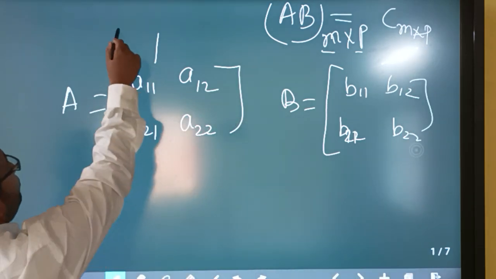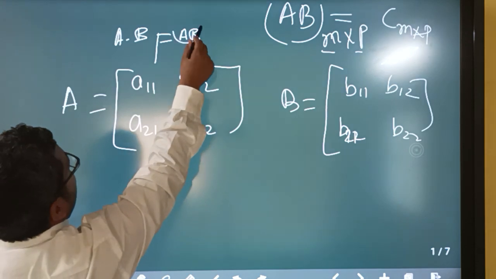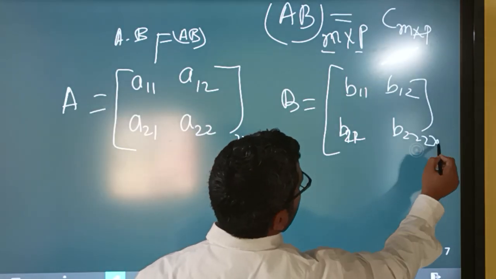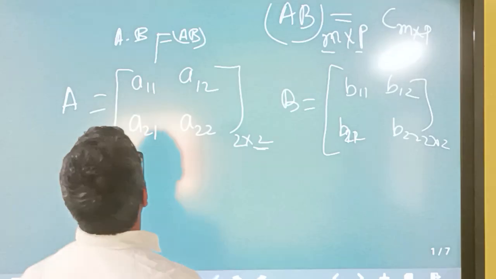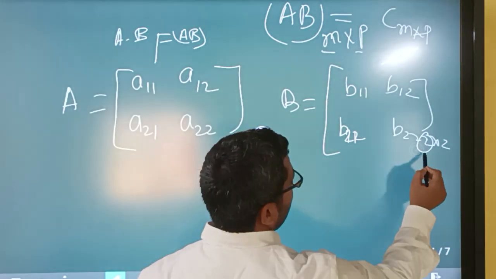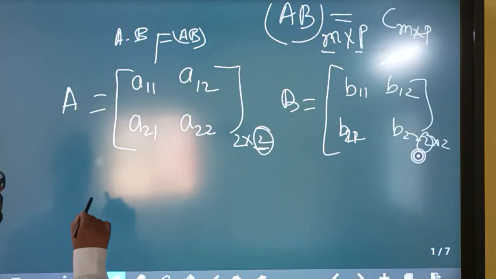We have to find the value of AB. The order is 2 cross 2. The first matrix has 2 columns and the second has 2 rows, so we can find the value.